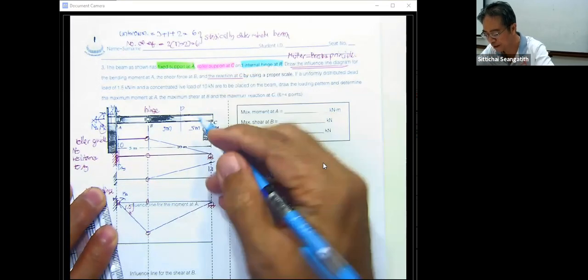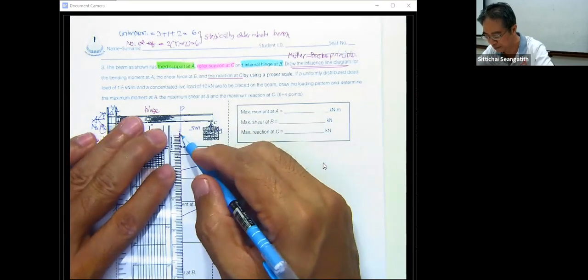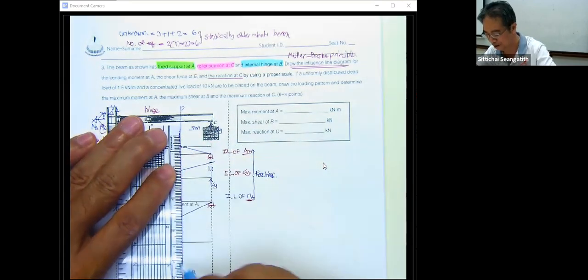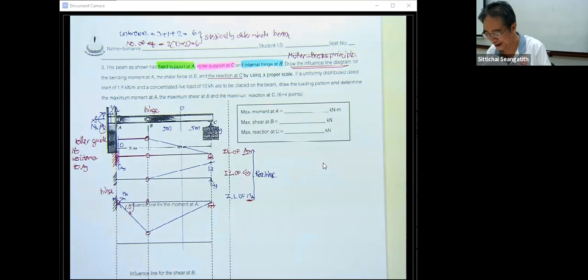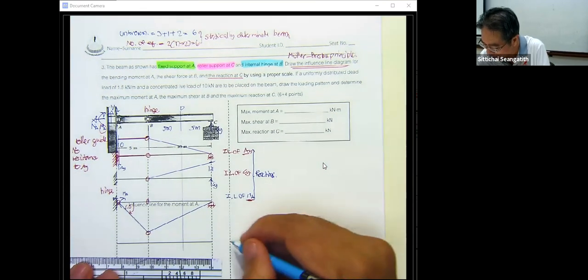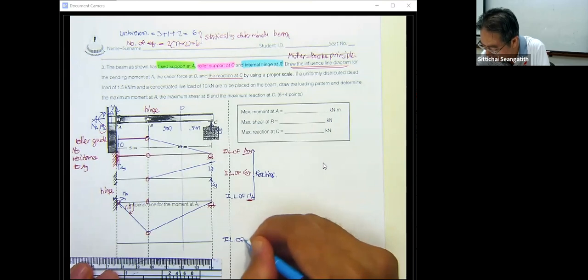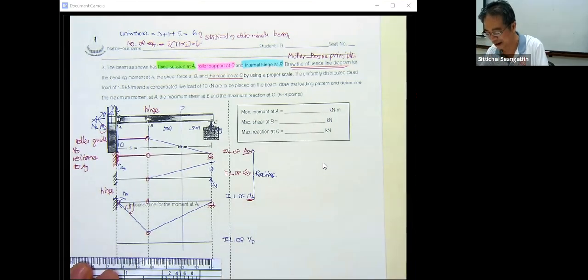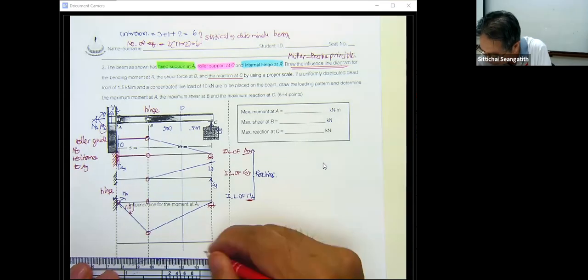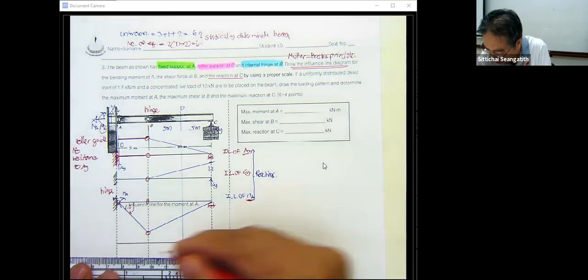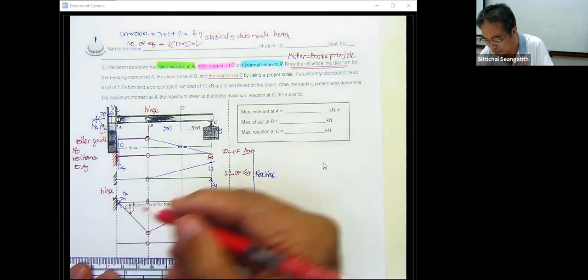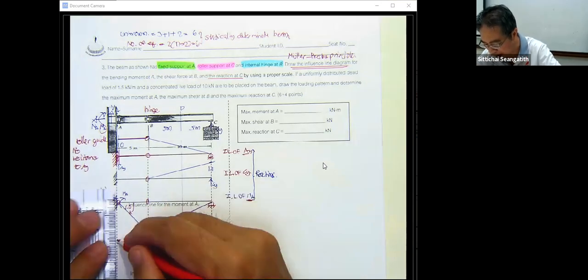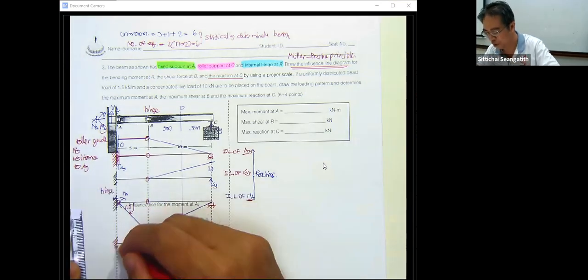This is 5 meters. To make it a little bit more convenient, just make it by half. Let's say we have the influence line of shear at D. Okay, by doing this, we have the point C, the red one, the same, the hinge the same, and we have this one as the fixed support.